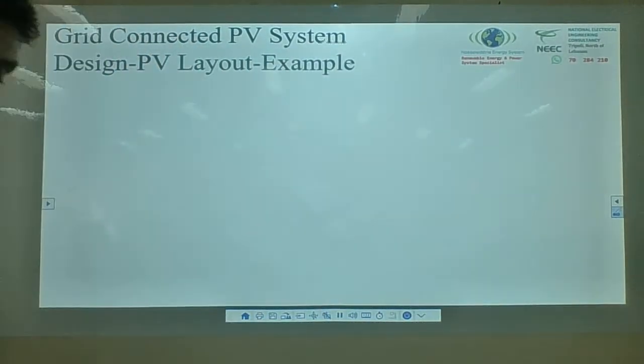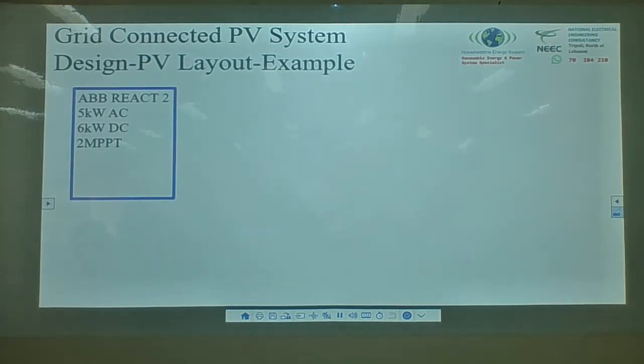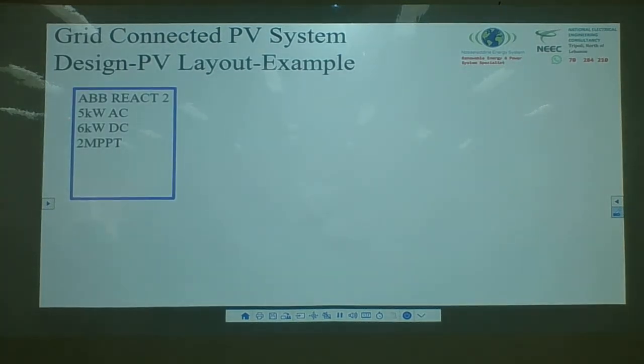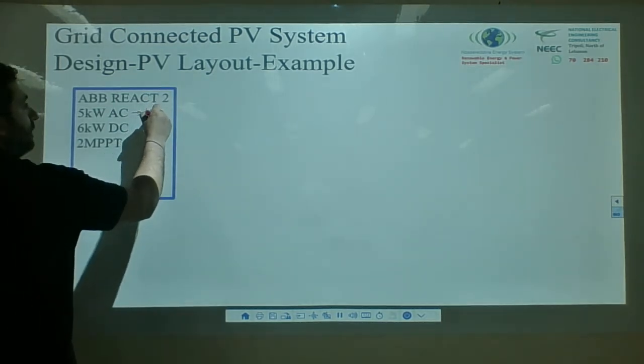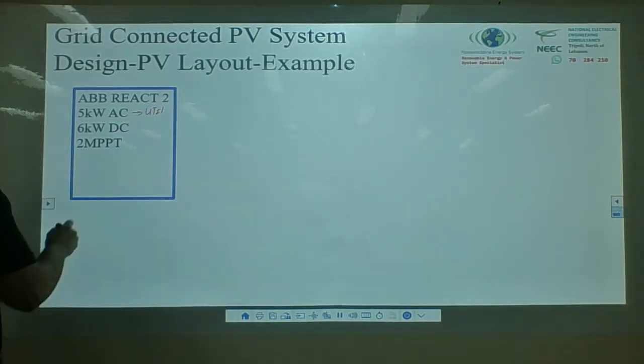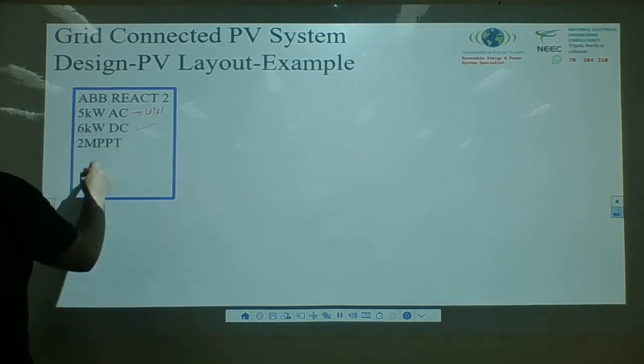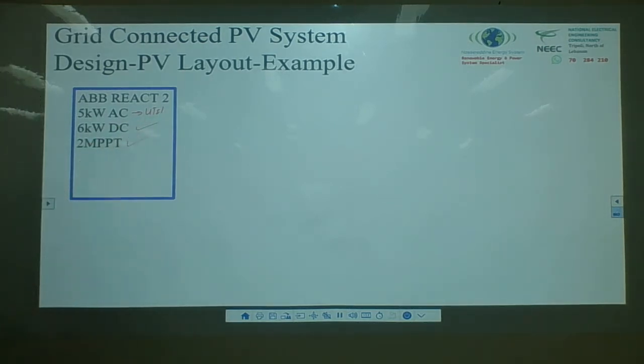Okay. Now the layout. I have an ABB inverter. I have 5 kilowatt AC, this complies with the utility. This is perfect for the utility. 6 kilowatt DC, perfect. I have 2 MPPT, MPPT1 and MPPT2. And I said to you, each MPPT can take an input.